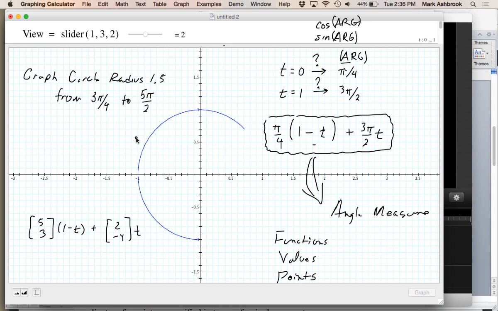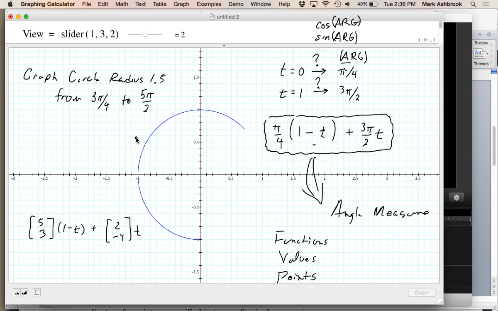So in this same plane, simultaneously graph the circle of radius 1.5, starting at 3 pi over 4 till 5 pi over 2. You can leave t from 0 to 1, and then we'll graph both of them. Okay? Go ahead and do that.